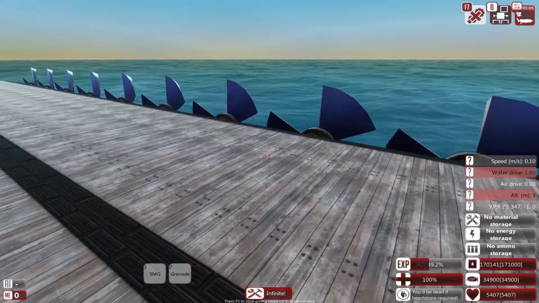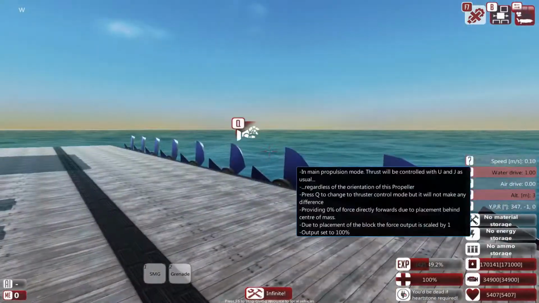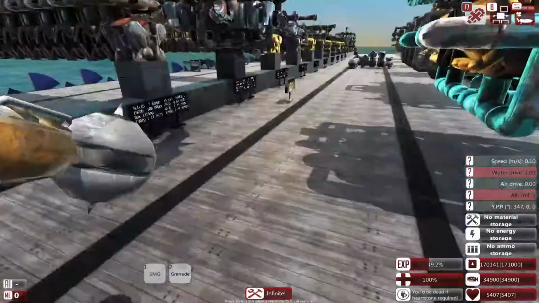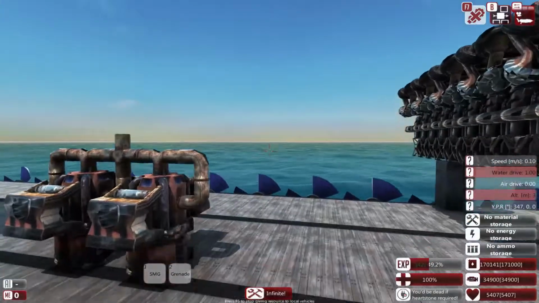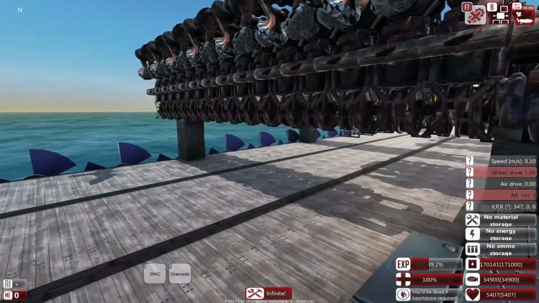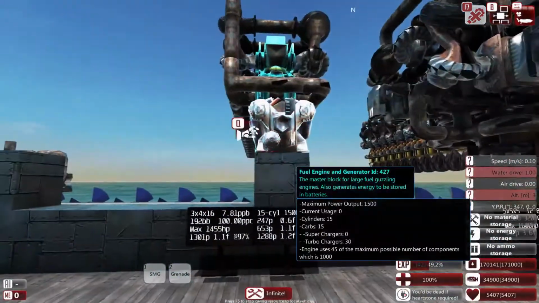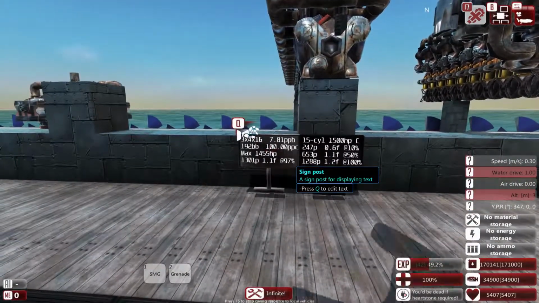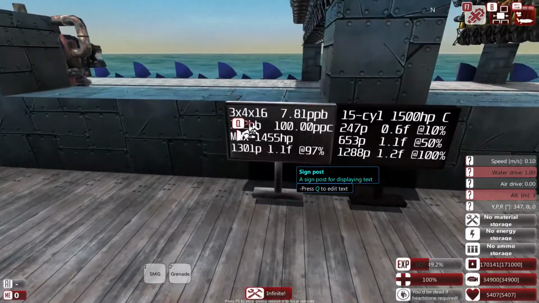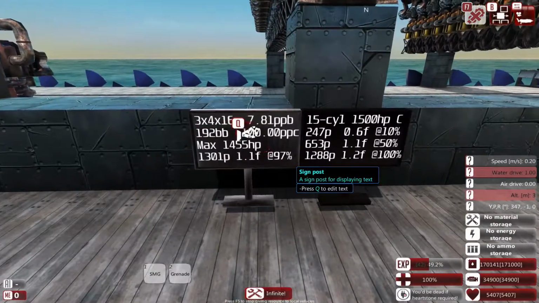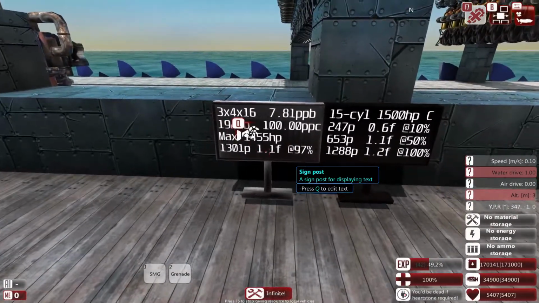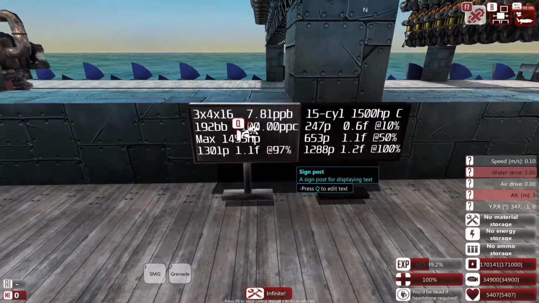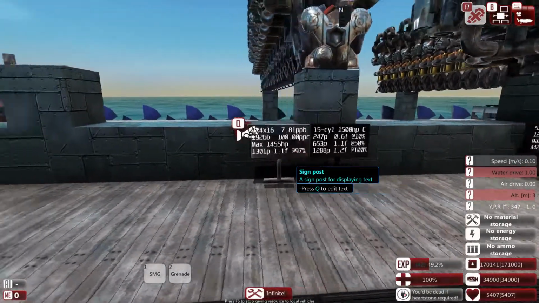Put down one electric block, put enough batteries to let the ship run for, say, like a minute or so, and then make your motor a charge only motor and make it run at its maximum efficiency, or the highest you could push it without using more fuel than what it reaches at maximum efficiency.